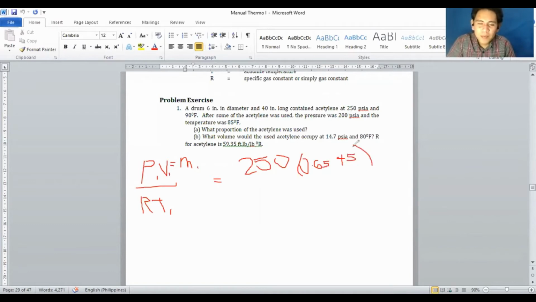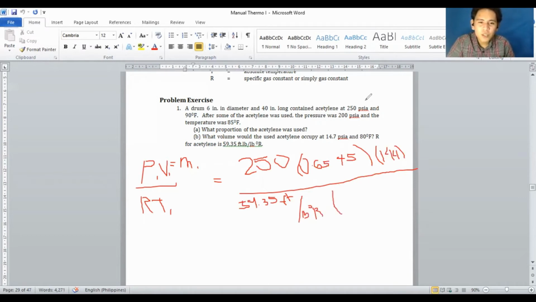Since it is psi, you have to multiply it also by a conversion factor, 144, all over your given constant R, 59.35 foot-pound per pound degree Rankine. Then, what is your temperature?